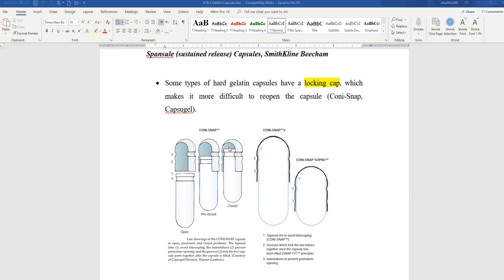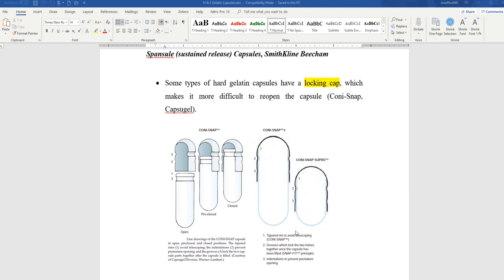But after filling the formulation, this cap, which you have detached to fill the formulation, needs to be pushed down so that the depression 3 of the cap fits into the depression 3 of the body, and this will make it very difficult for one to open the capsule and remove the content.